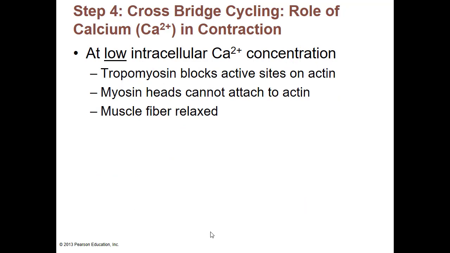Now, the cross-bridge cycling is why all that calcium was important. When you don't have a lot of calcium release, so at low intracellular calcium, this means before we released calcium, the tropomyosin, that big, long, skinny yellow thing, blocks all the active sites. The myosin heads can't attach, and your muscle fiber is relaxed, which means it's not contracted.